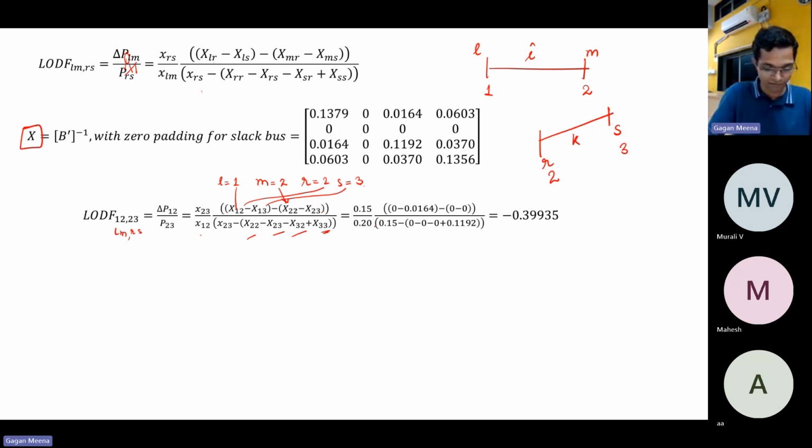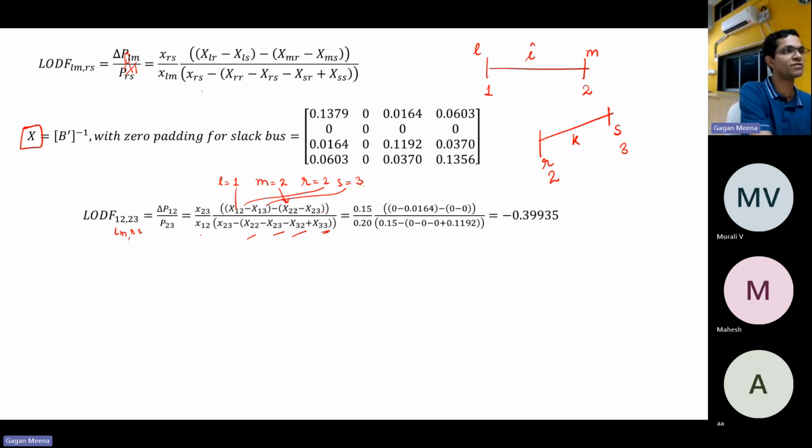X12 and x13 we know. x12, 1 2 is 0. So x12 is 0 and x13 is 0.164.